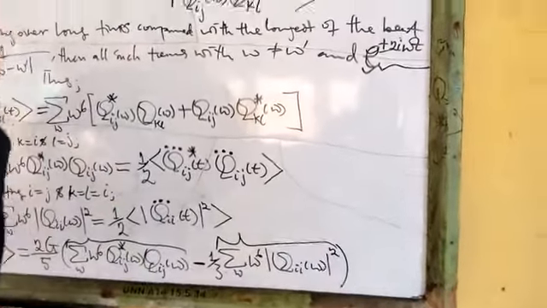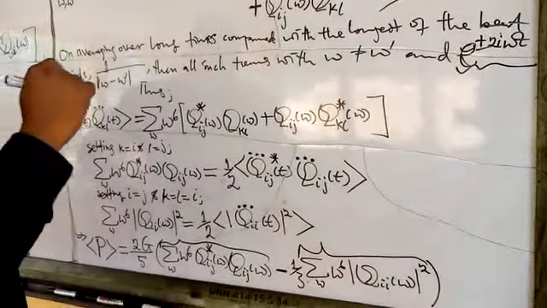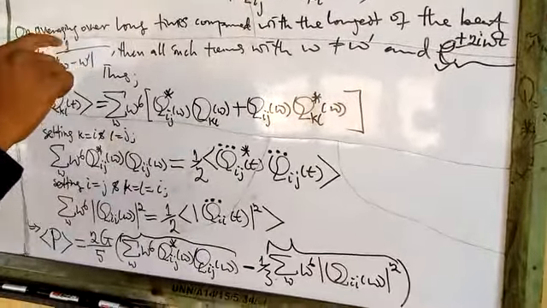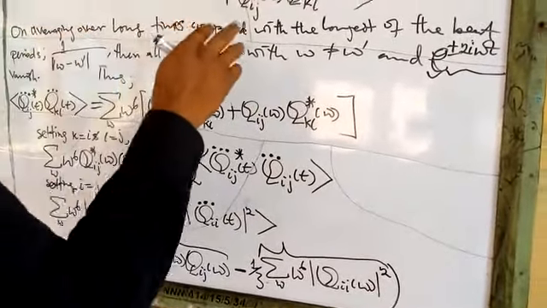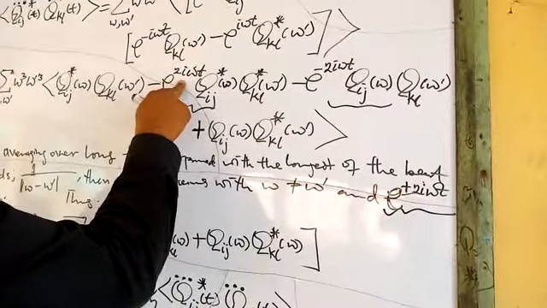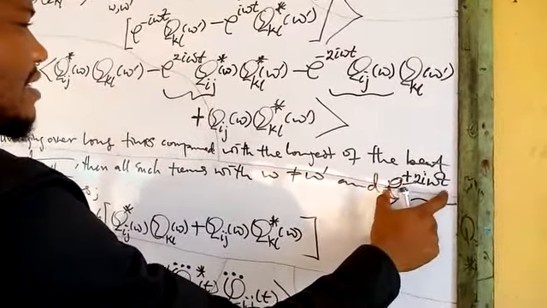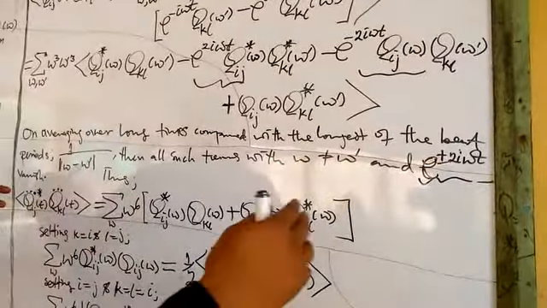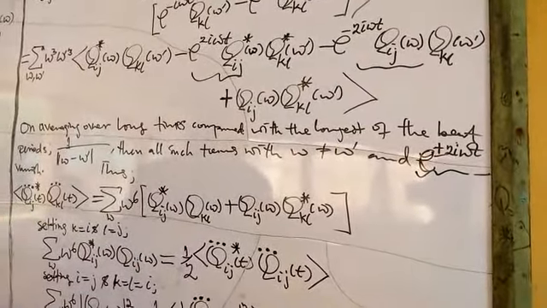In quantum optomechanics, this is usually referred to as the rotating wave approximation: a situation whereby such exponential terms that are multiplied by this disappear when you average over such long times.